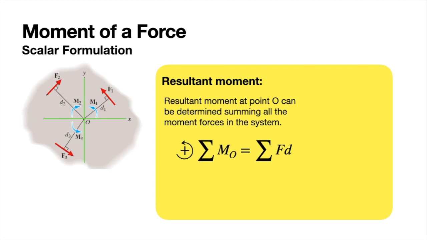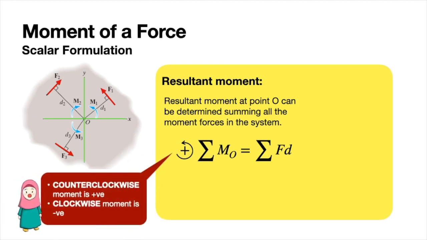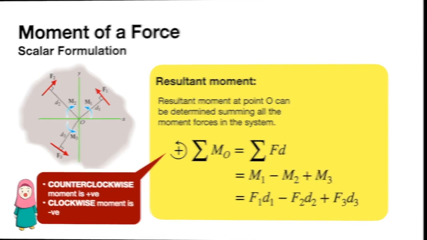So in this calculation, very commonly, we need to assume the counterclockwise direction to be positive. So, based on this figure, you have 3 moments that you have to sum. Moment 2 is negative, notice, because it has a clockwise direction. Finally, each moment will have its own Fd value. Just tambah everything and you will get your resultant moment.